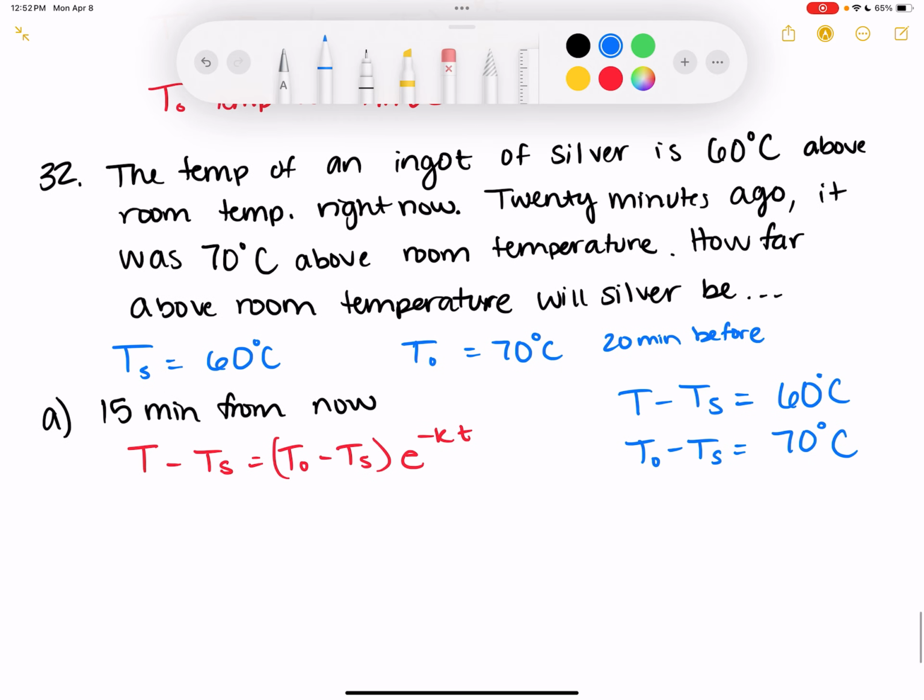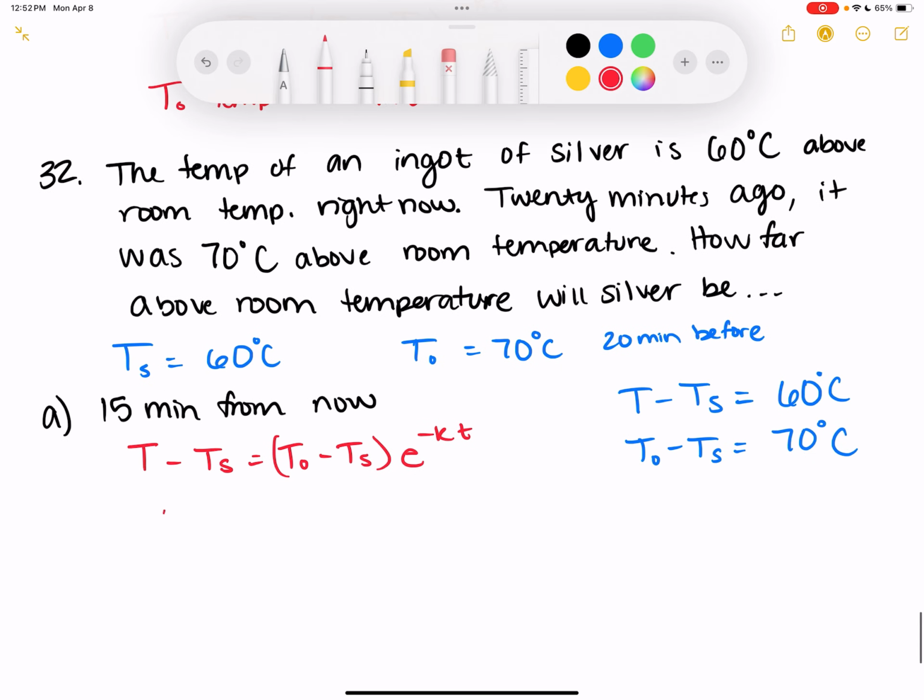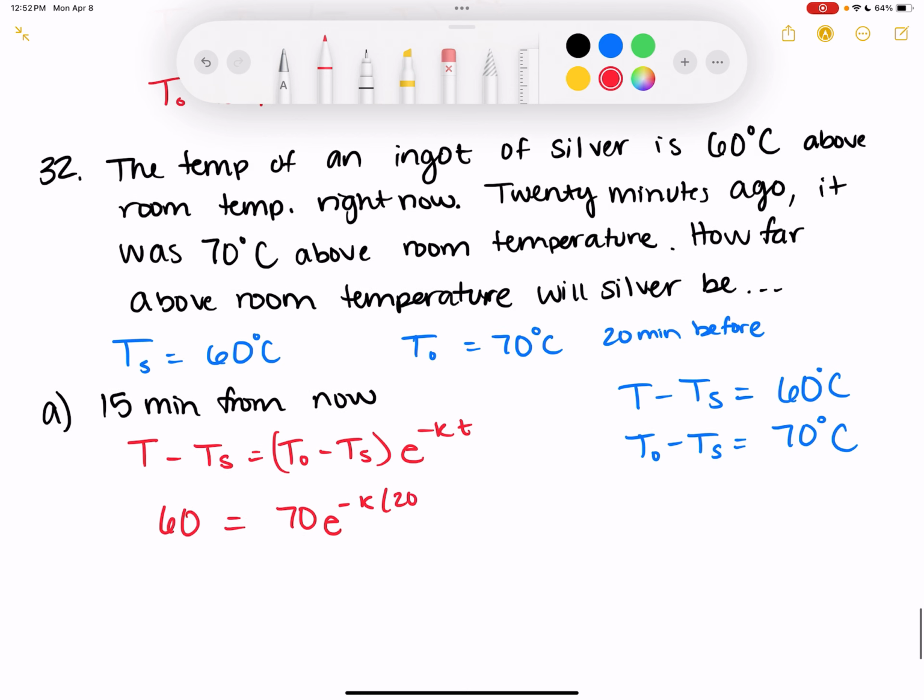So I'm going to have 60 is equal to 70 times e to the minus k times t. We know this happened after 20 minutes, because it said it was 20 minutes ago it was 70 and now it's 60, so t is going to be equal to 20.